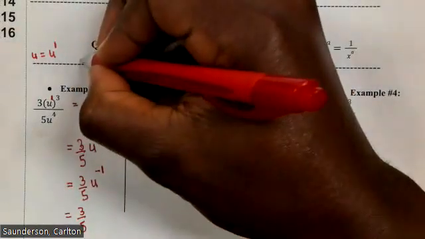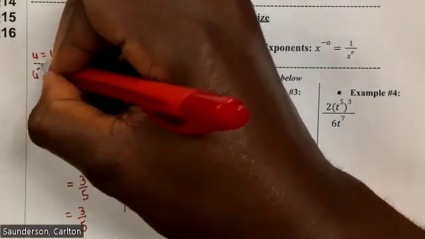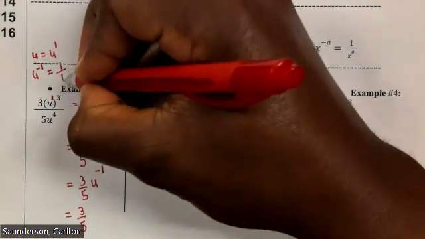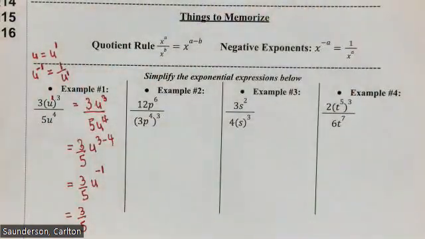So u to the negative 1 power is the same as 1 over u to the first power. And then the negative goes away. So again, that's how you apply the negative exponent rule.